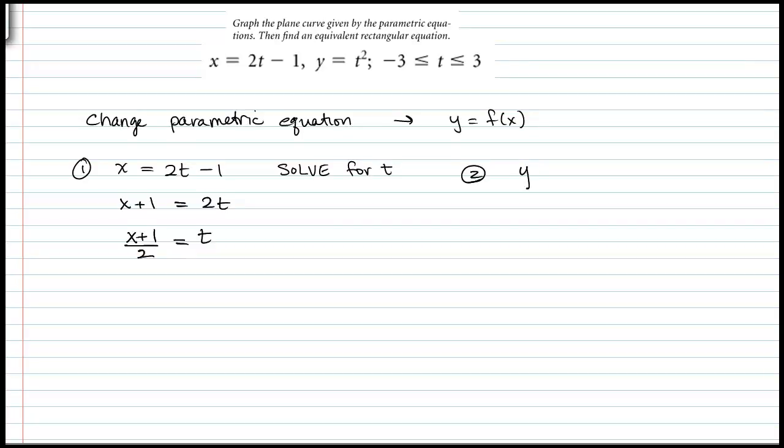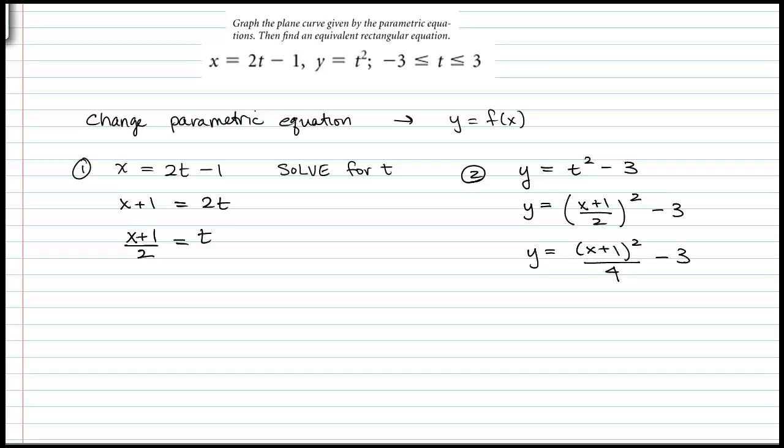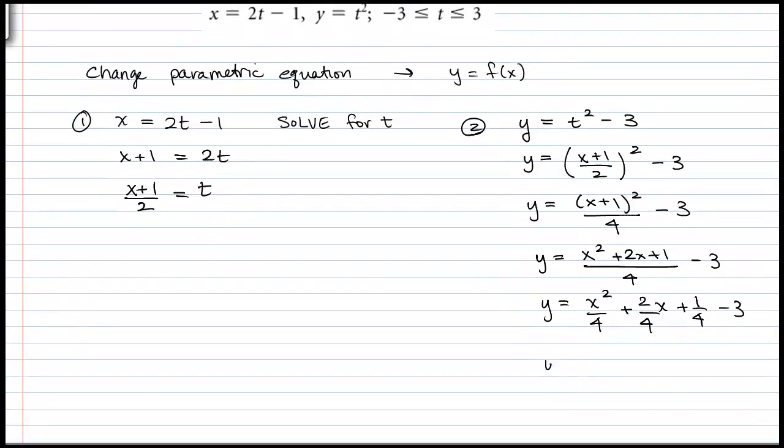Step number 2 is to take the y equation and substitute in what t is equal to, and evaluate it. So the function that we're looking for is y is equal to x squared over 4 plus 1/2 x minus 11 fourths.